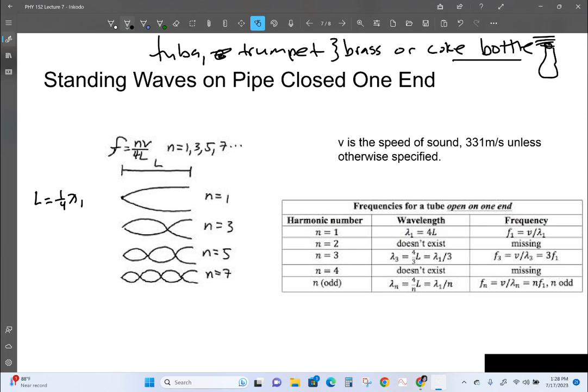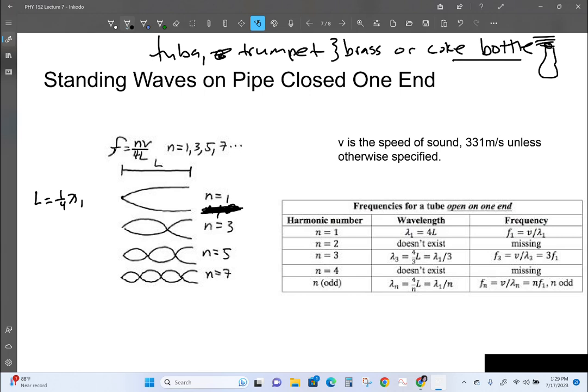So there is no n=2 or n=4 or n=6, but there is an n=3 and an n=5 and an n=7.